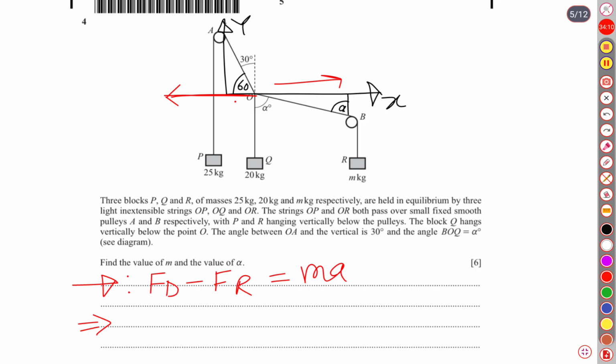Here, if you talk about this hypotenuse, it is mR g. As we are talking in terms of the triangle, this is sine alpha.